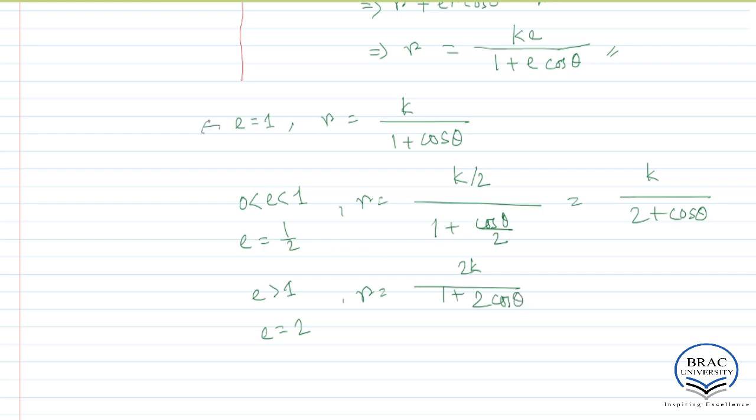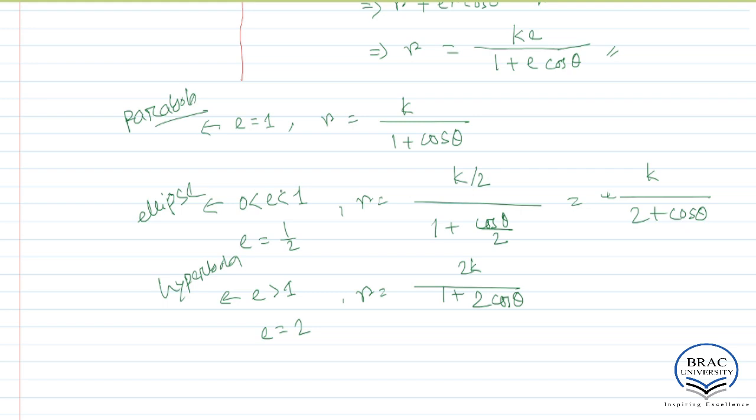So this is the equation of a parabola in polar coordinates, this is the equation of an ellipse in polar coordinates, and this is the equation of a hyperbola in polar coordinates.